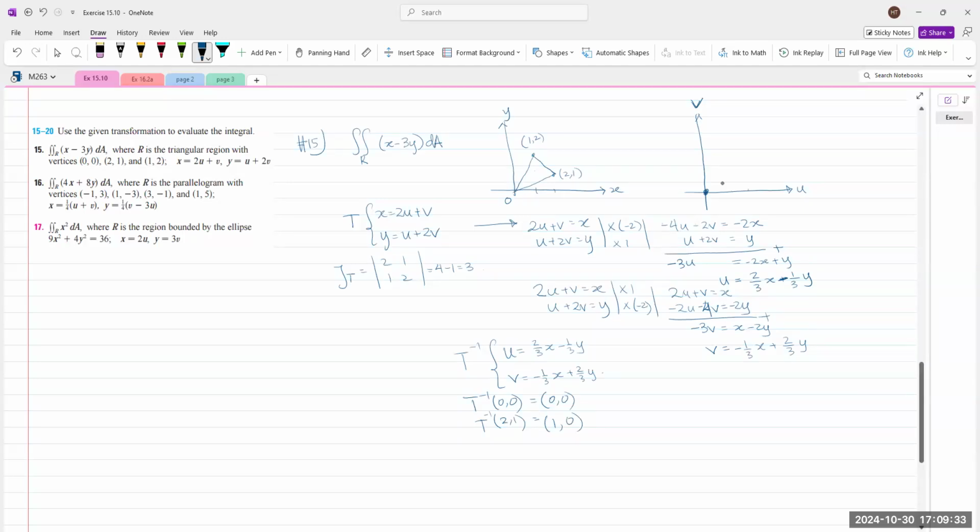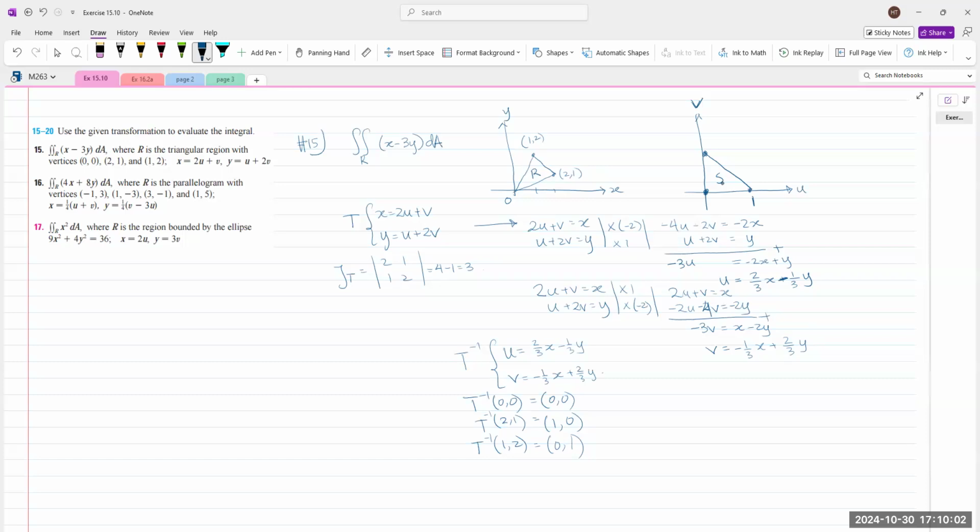So that's (1, 0). (1, 2) will be (1, 2), there will be 0 here. (1, 2), there will be 1 here. So (0, 1). So this is the new region. Okay, this is the R. This is the S. Okay, at least now we have a new domain.